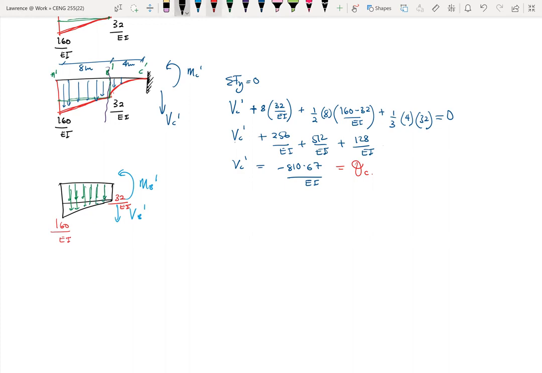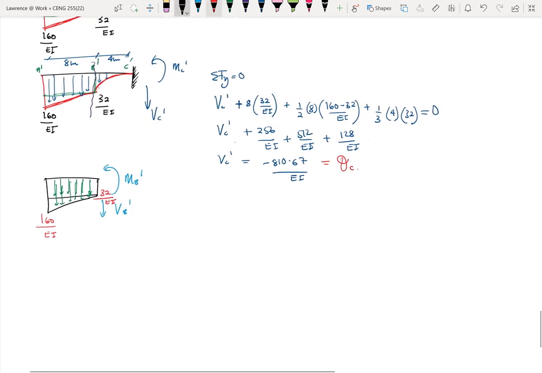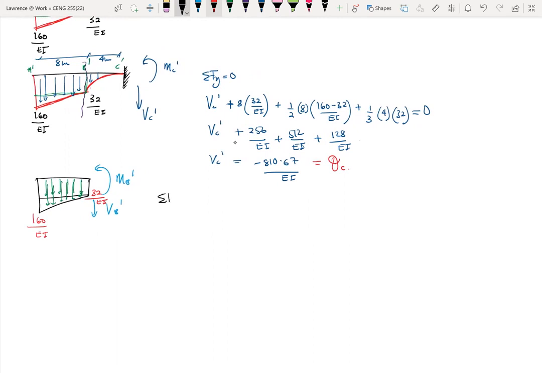So the summation of moment at B prime equals 0. So it becomes MB prime plus the moment due to the various triangular loads and then the rectangular load.